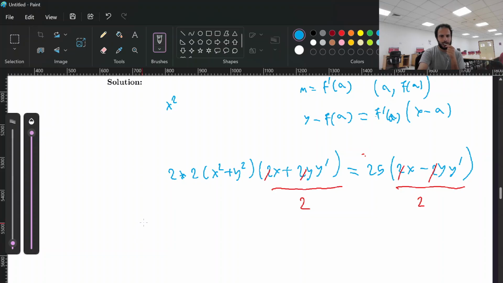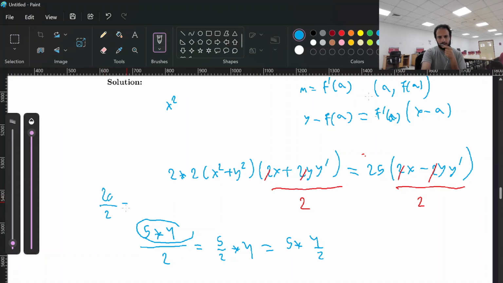For example, if I have 5 times 4 and I divide by 2, this equals 5 over 2 times 4, or equals 5 times 4 over 2. So you divide one of them, not everything.